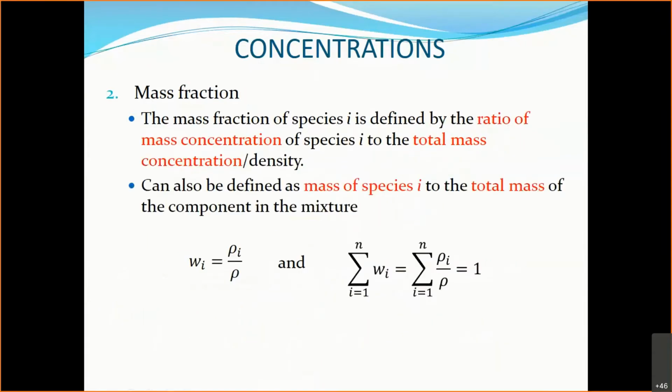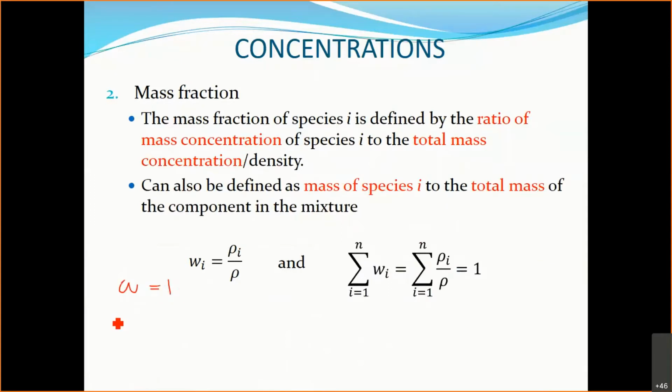And then another thing, if you have mass concentration, you will also have mass fraction. Remember we talked about this in our IEK 101 before this, right? The total mass fraction must always equal 1.